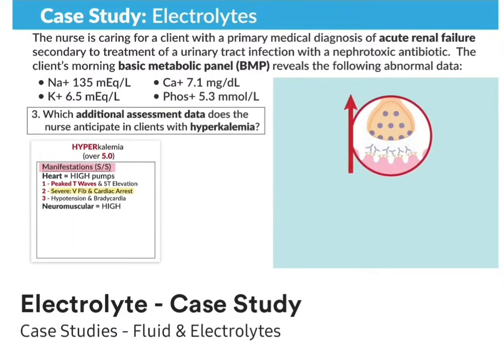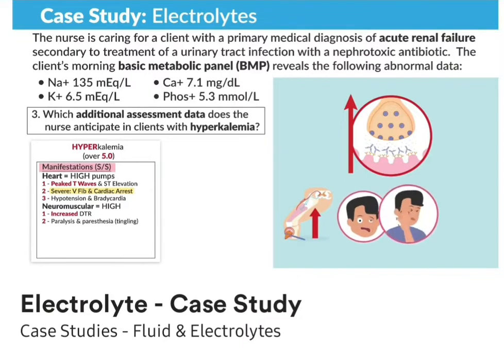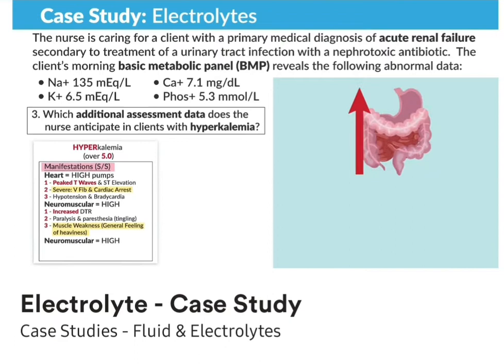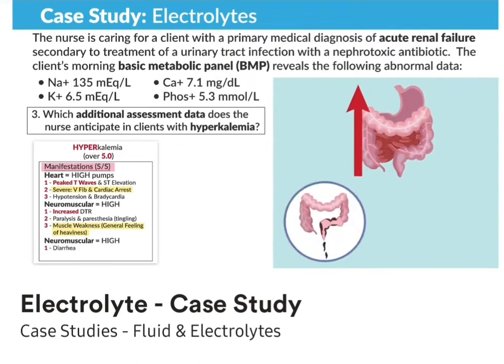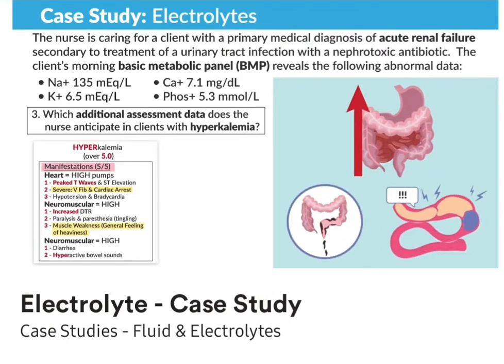Now, neuromuscularly, it'll be high as well, with increased DTRs, paralysis and paresthesias, that tingling, and even profound muscle weakness. And in the GI, we have high pumps as well, so diarrhea and hyperactive bowel sounds.